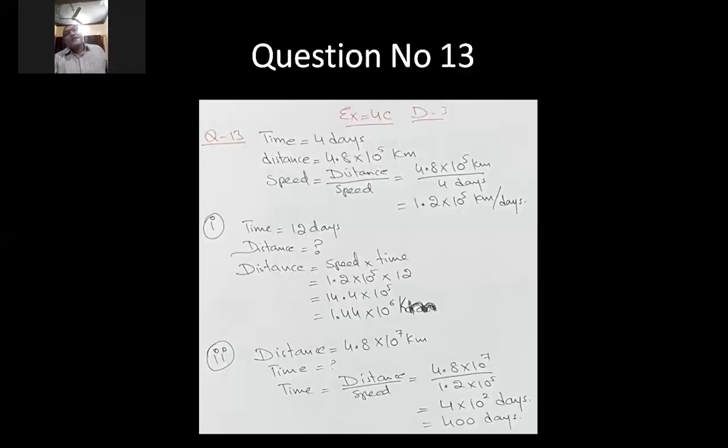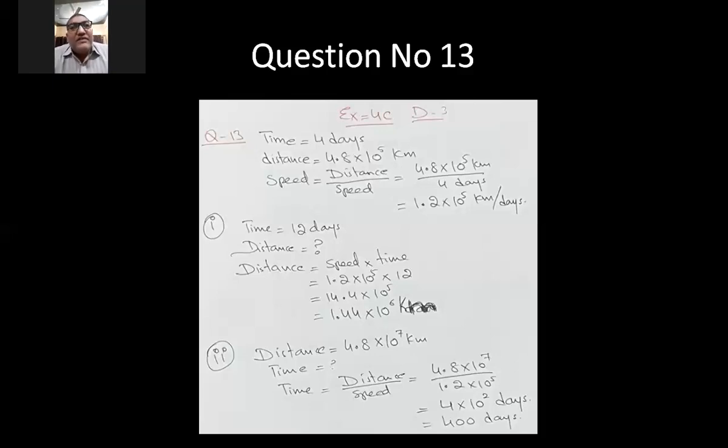And in the second part, it is given that the distance between planet P and the Venus is 4.8 expo 7 kilometer. Find the time taken in days for the journey. Okay, so the distance traveled is 4.8 expo 7 kilometer. The time is the question, and we know the speed is 1.2 expo 5 kilometer per day.